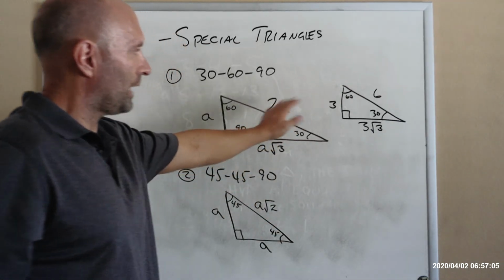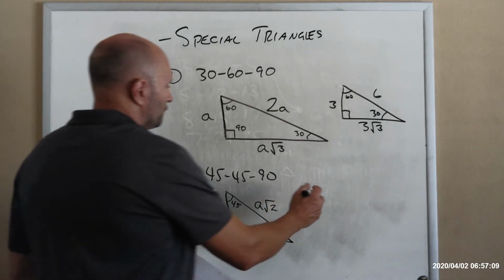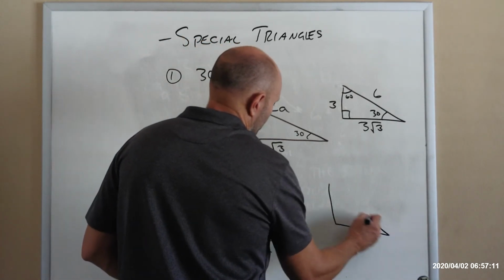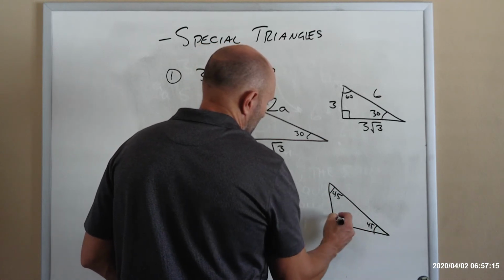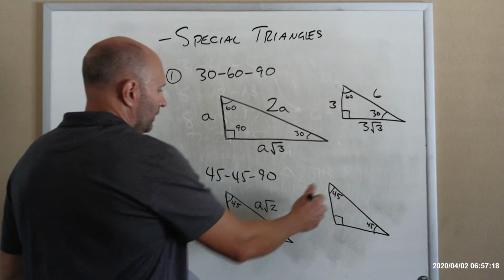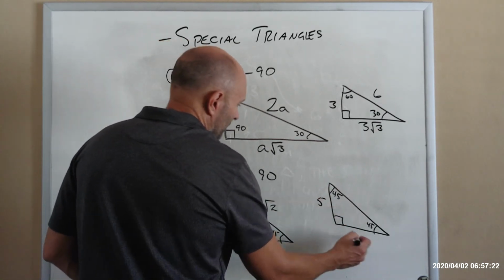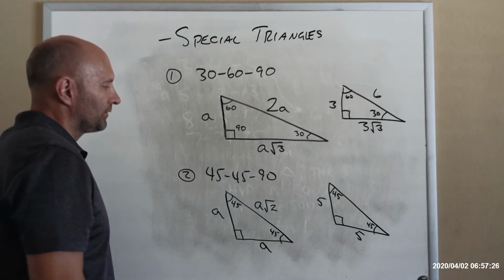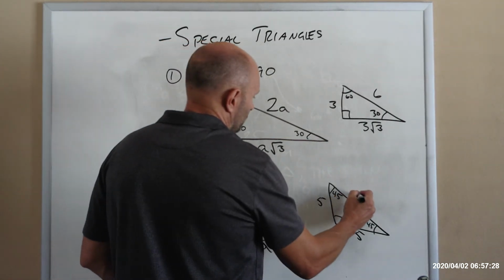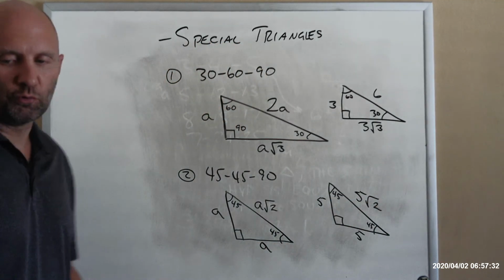So not double like in the 30, 60, 90, but A times the square root of 2. So if I have a 45-degree right triangle, and this side is, let's say, 5, that means the other side has to be 5. It's isosceles, you have to have two legs the same. The hypotenuse is 5 times the square root of 2.